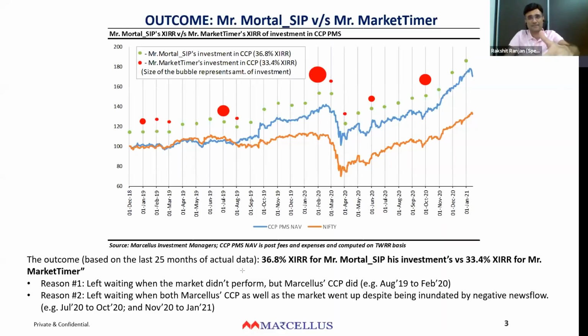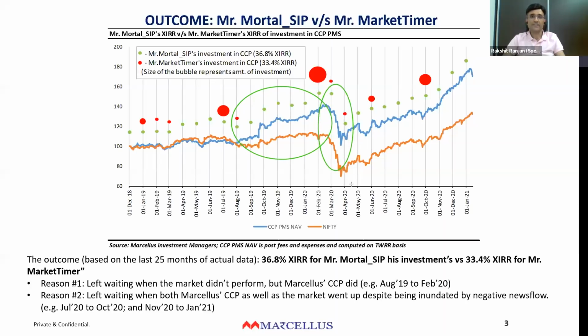Even if it happens, it will happen after the compounding has gone up way above 30-40%, and hence even after the crash, you will be missing the bus in a way on the compounding engine. So look at it like this: if you consider this time period of the market, sorry, CCP NAV going up, right?